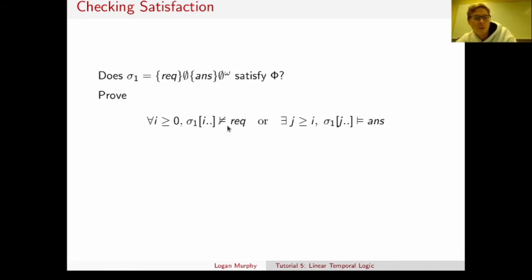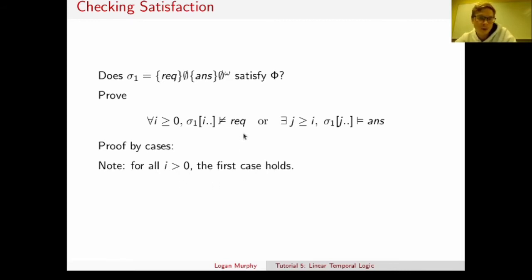This holds when you don't see rec at that particular set in the infinite word. So when I is equal to 0, this obviously shows us rec, so that doesn't work. But it works for 1, it works for 2, it works for 3, 4, 5, and all the rest. So for any I strictly greater than 0, the first case holds.